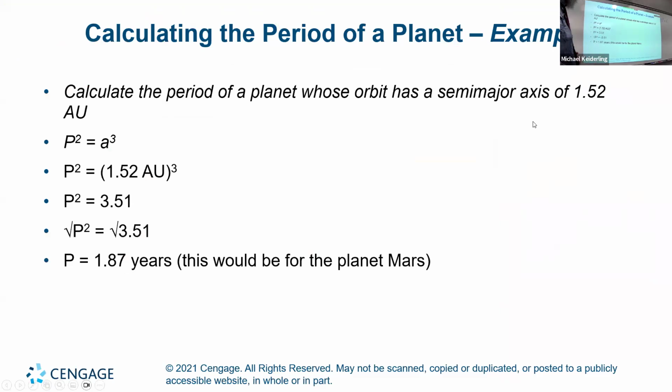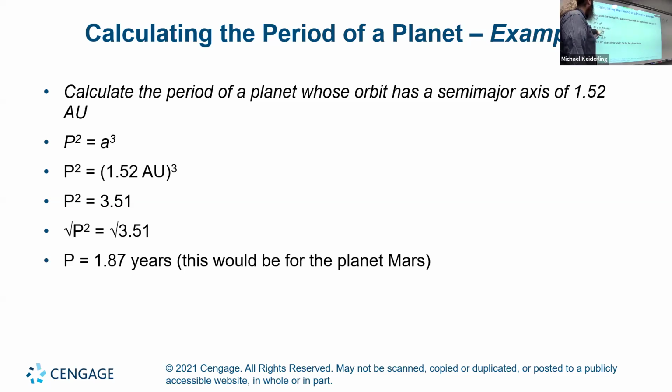So here, let's say we have a planet whose orbit has a semi-major axis of 1.52 AU. That would be Mars. And we want to calculate what its period would be. Well, if we do everything in astronomical units and years, P squared equals a cubed, because the constant that was just mentioned in that video goes to 1.